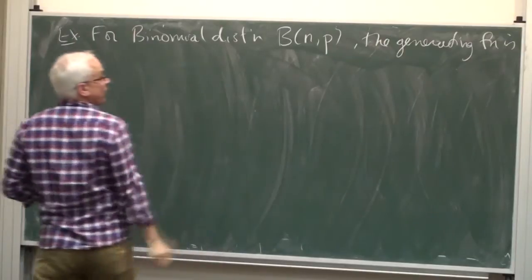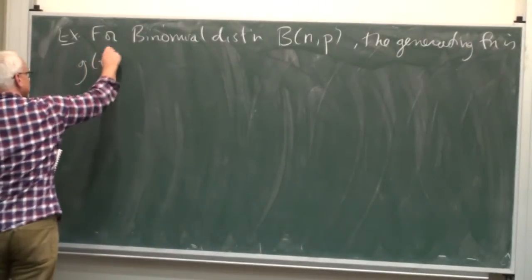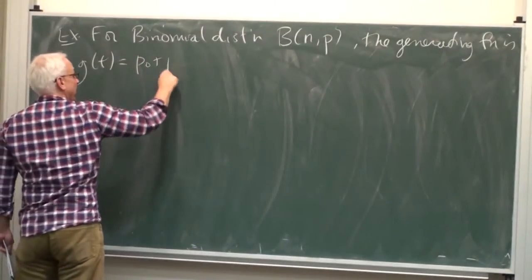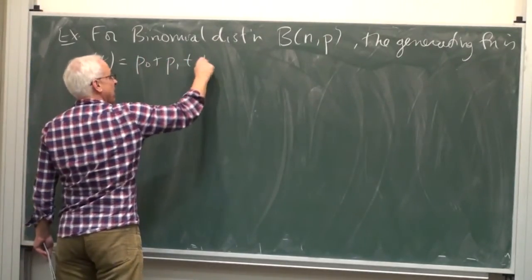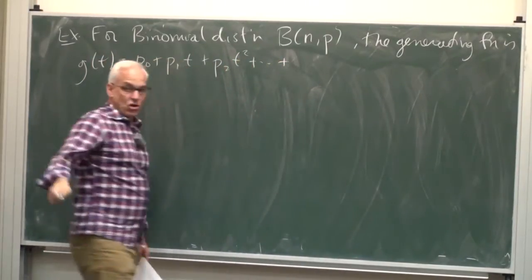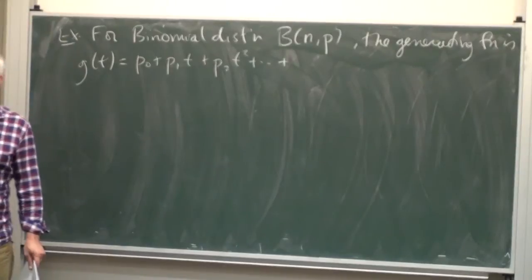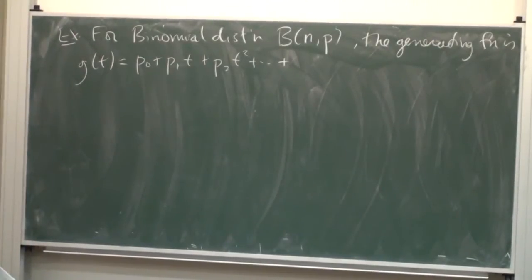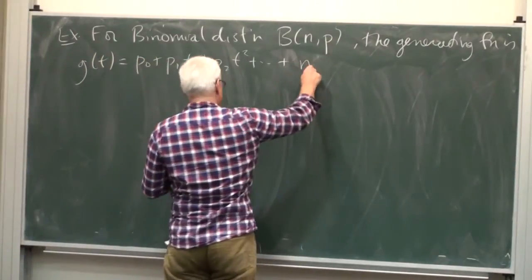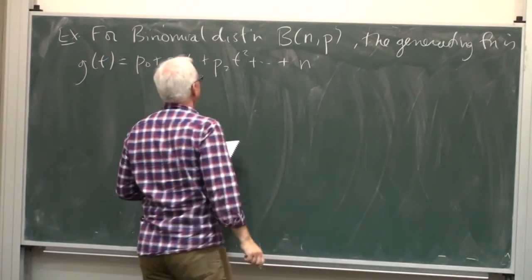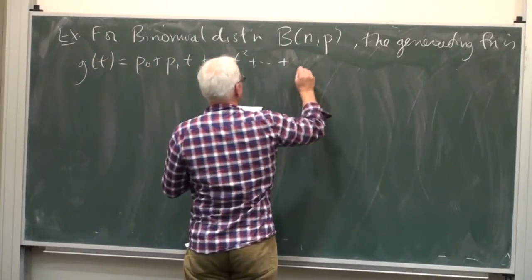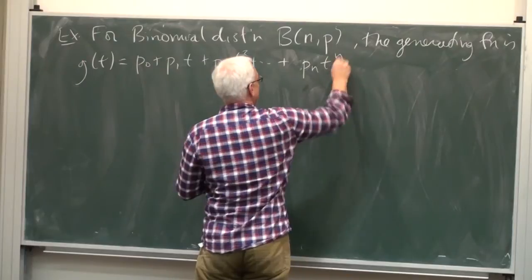Well, the definition is that it's g of t, so it's p0 plus p1 times t plus p2 t squared, and so on. In this case, it's only going to be a finite sum, because there's only a finite number of values. We're going from 0 to n. So the last one will be p sub n t to the n.